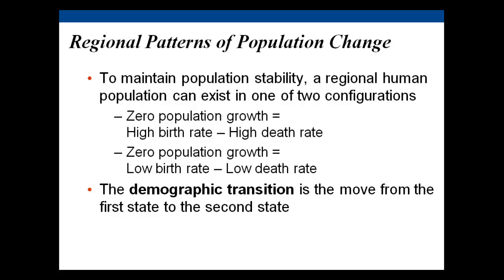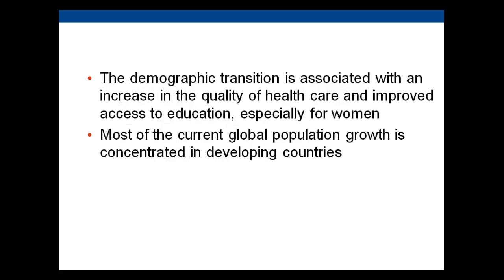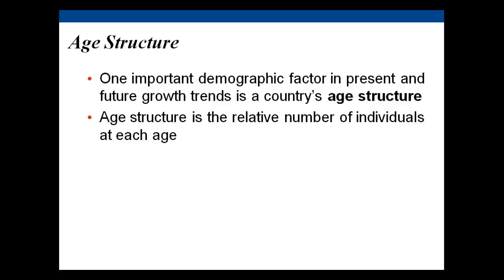And to maintain population stability, a regional human population can exist with zero population growth, where high birth rate minus high death rate, or low birth rate minus low death rate. And you can switch between the two. Again, healthcare of women having the children, also the country's age structure with the number of individuals.